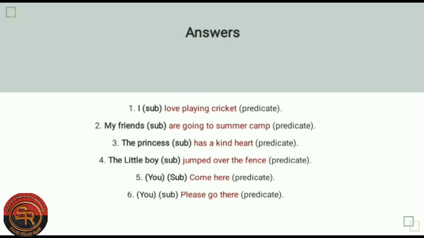Next question, the princess has a kind heart. Who has a kind heart? The princess. So we are talking about the subject, the princess. What does the princess have? A kind heart. So a kind heart is our object. Next one, the little boy jumped over the fence. Who jumped over the fence? The little boy. The rest of the part is our predicate.